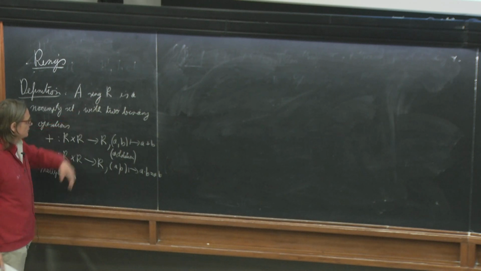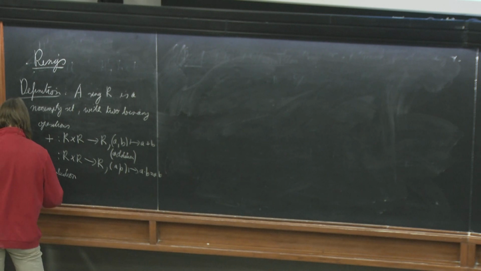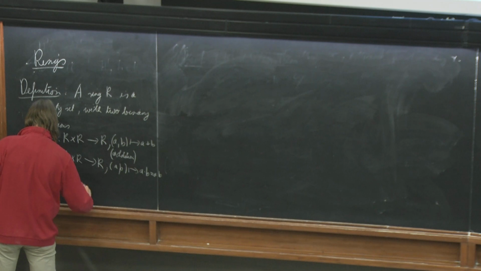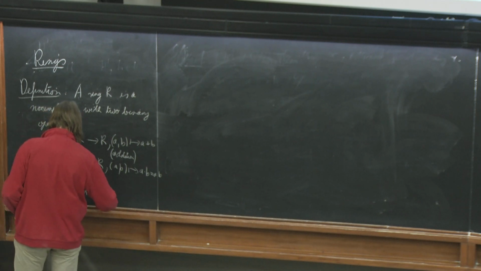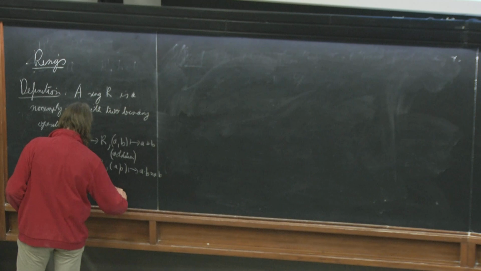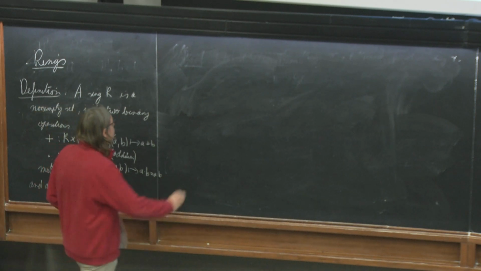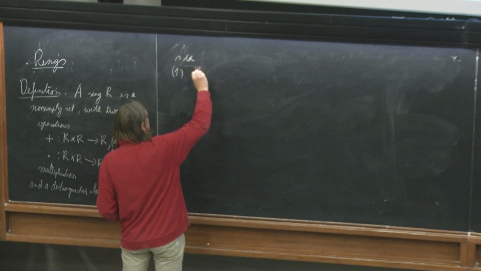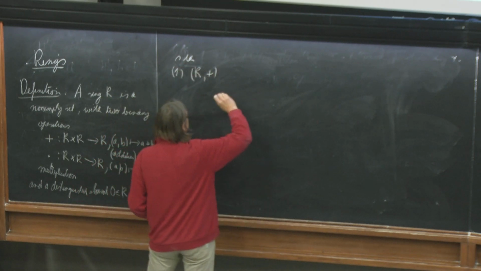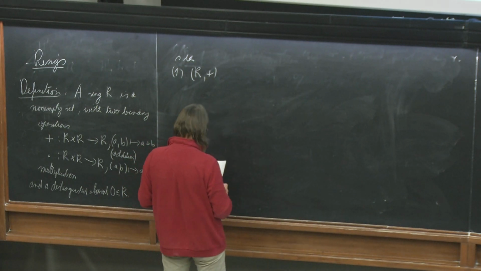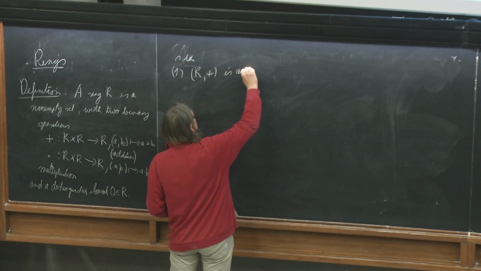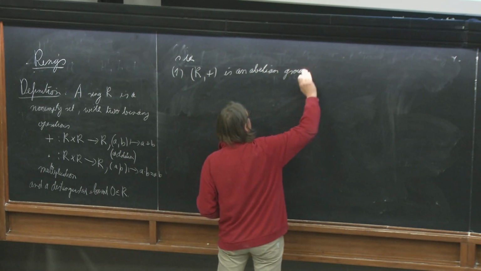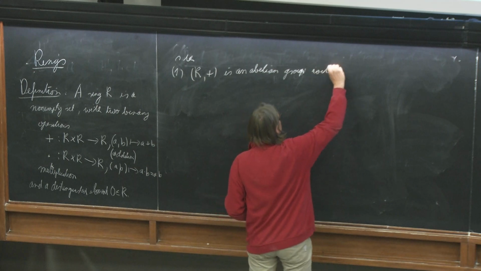So we have to have a distinguished element, a neutral element, zero in R, such that first we want that if I take R with the addition, this is an abelian group with neutral element 0.